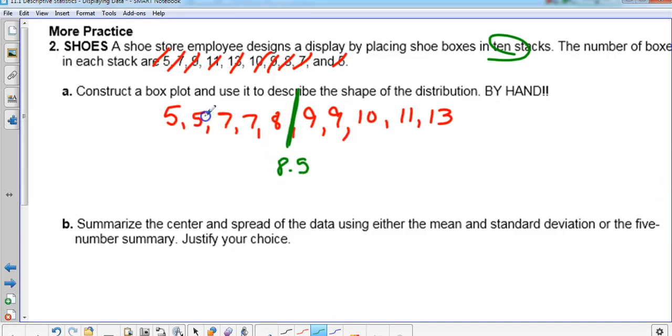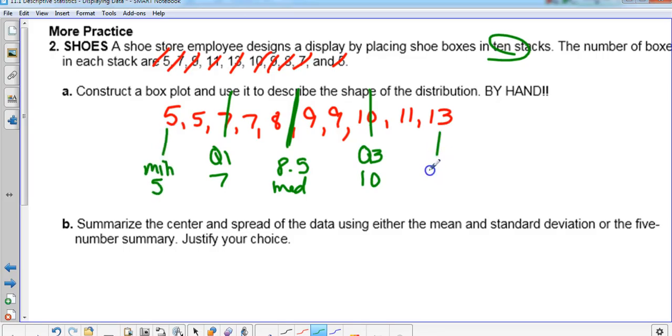All right. Q1 is the middle of the bottom 5. What's the middle of the bottom 5? So this is Q1. This was the median, by the way. Okay. What is Q3? The middle of the top 5. And the min is 5, and the max is 13.